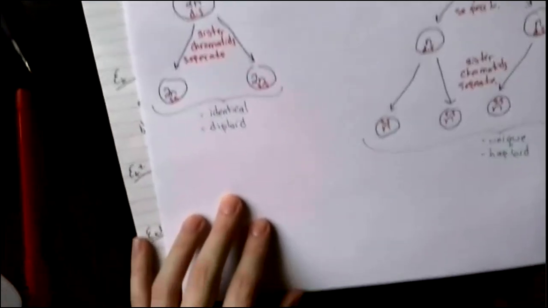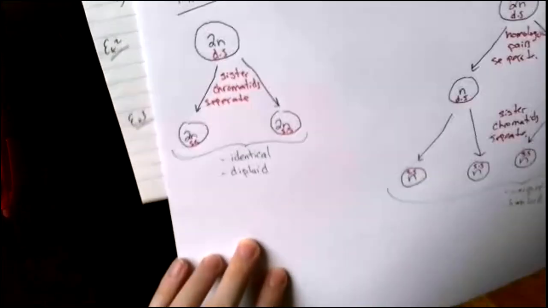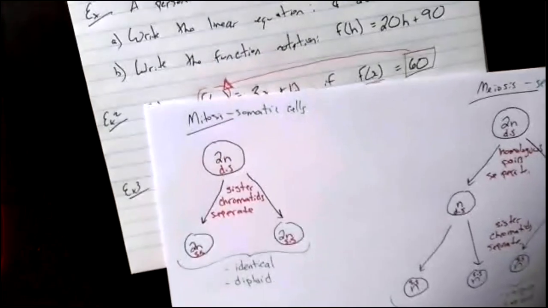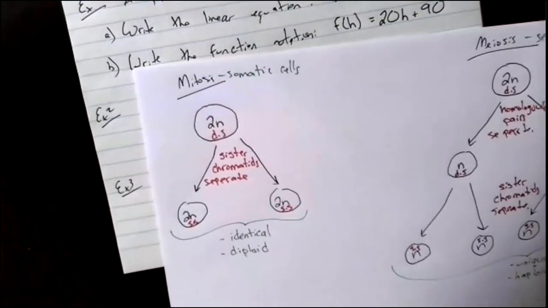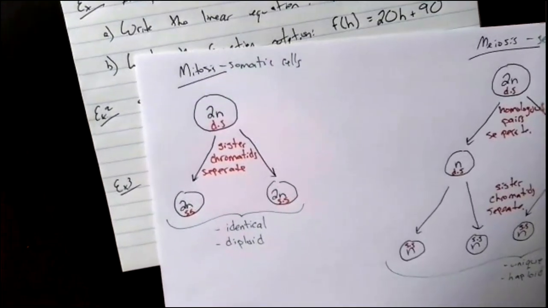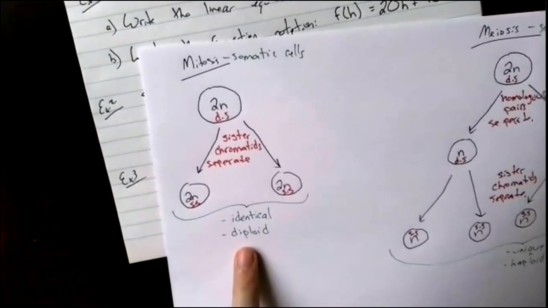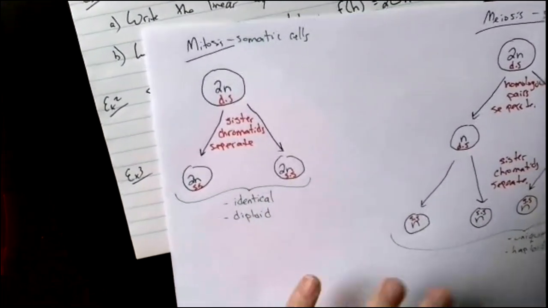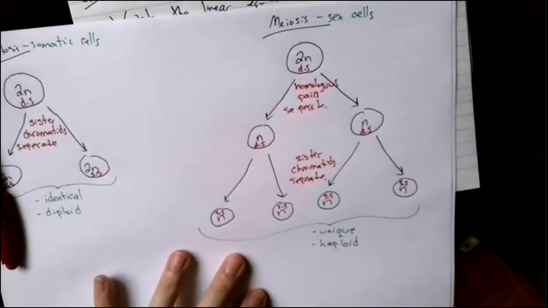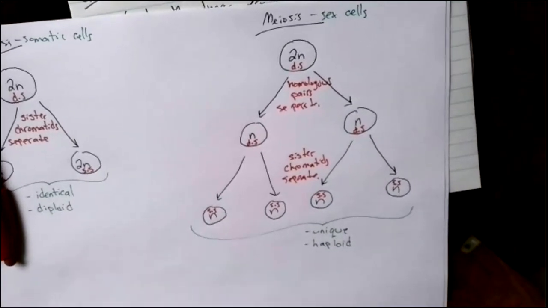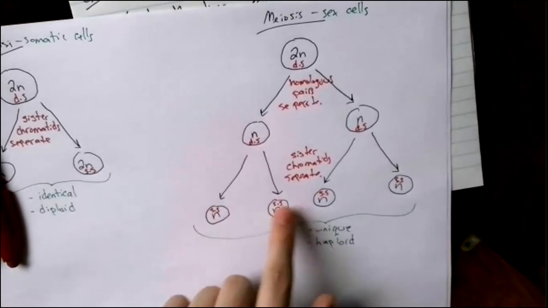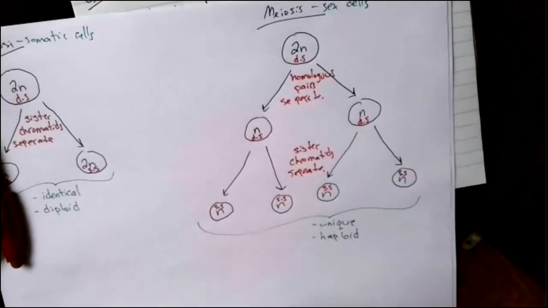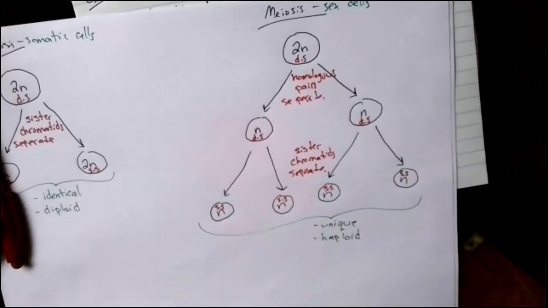So let's just zoom in on this for a second. So this is what the mitosis one looks like. Again, what we get out of it is two identical diploid cells. With meiosis, on the other hand, what we get out of it is 4 unique haploid cells.